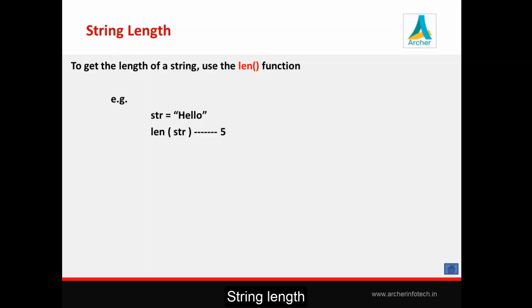Now see, this is a very generalized function. We can use it with a list, with a set, and with a dictionary also. So don't consider it a string length function. It's a len function which is used to find the length of a data structure or sequence like string, list, tuple. Everywhere we can use this len function.